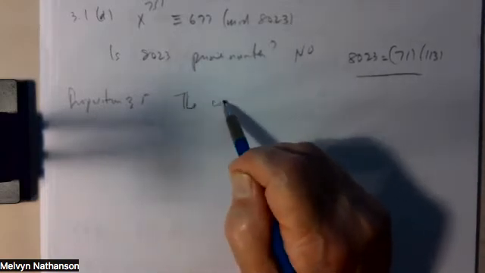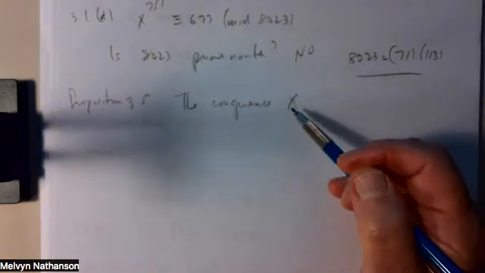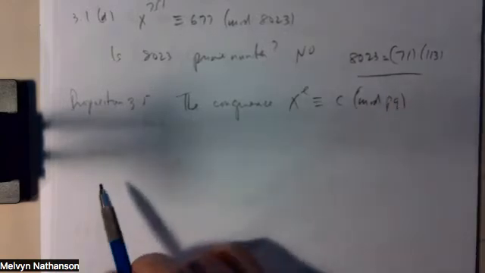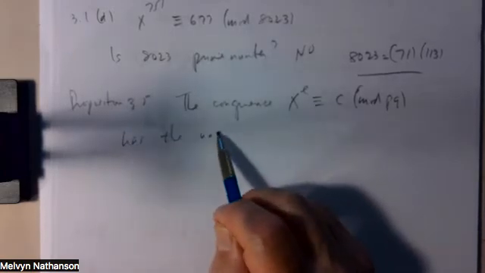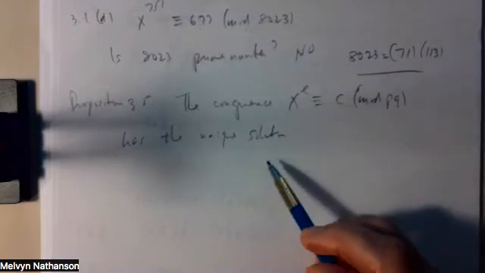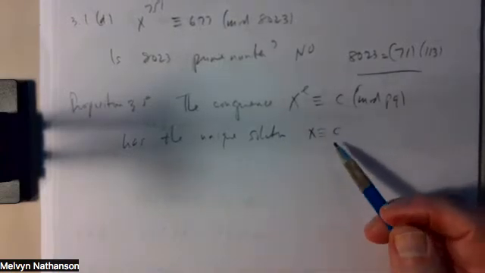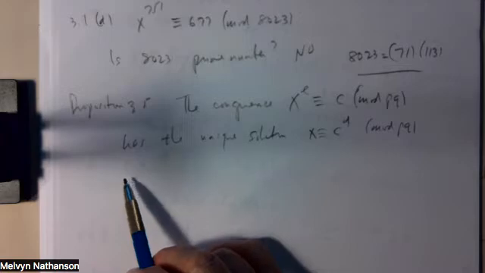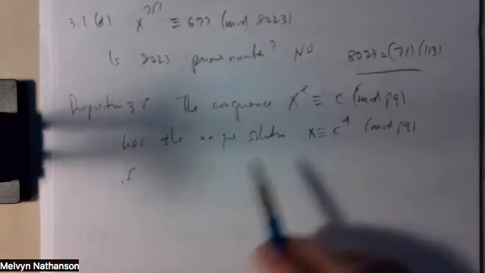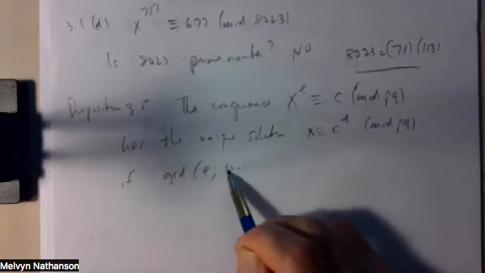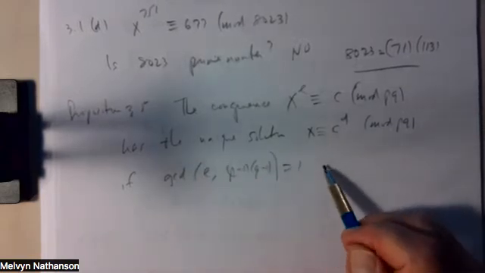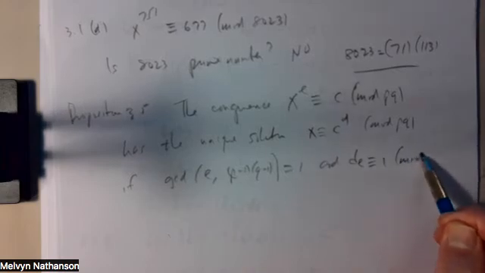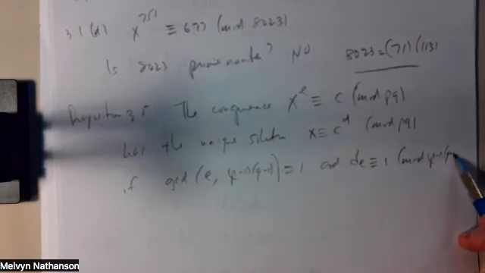The congruence x to the e congruent to c modulo a product of two primes p and q has the unique solution x congruent to c to the power d mod pq if e and (p minus 1)(q minus 1) are relatively prime, and d is the inverse of e modulo this, so de is congruent to 1 modulo (p minus 1)(q minus 1).